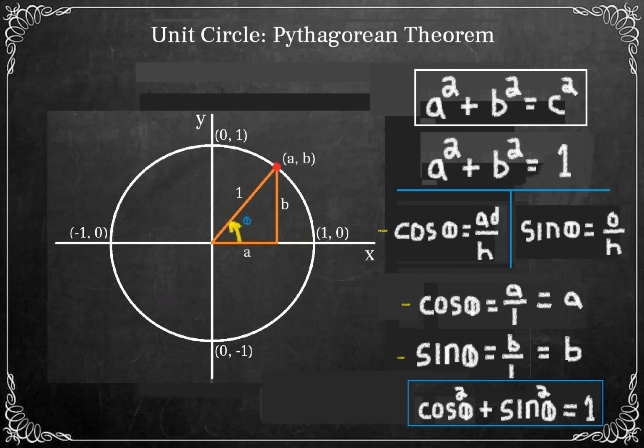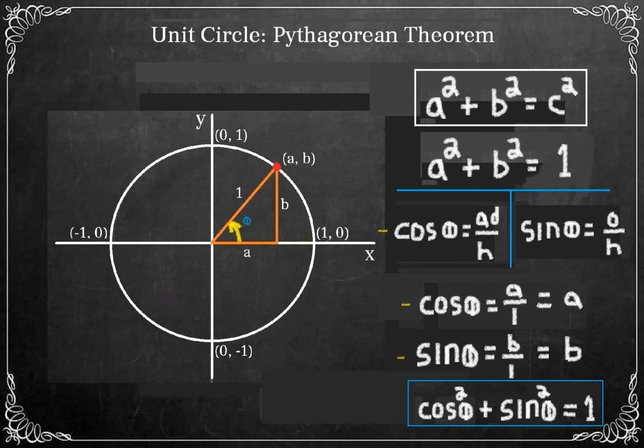Recall, the cosine of any angle equals adjacent over hypotenuse, and sine theta equals opposite over hypotenuse. Then, let's make the appropriate substitutions to get cos theta equals a over 1, which just equals a, and sine theta equals b over 1, which just equals b.